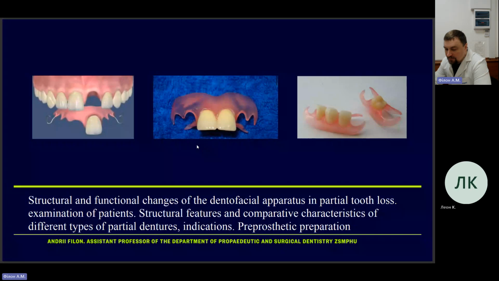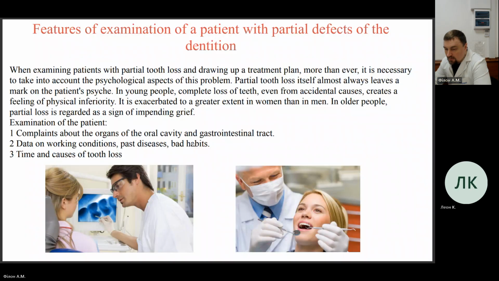So let's go to the beginning. First of all, examination. Before making any crowns or bridges, before preparation of the teeth, before making impressions or scans, you have to examine your patient. You have to be sure about the teeth in that area, about the soft tissues, the gum and gingiva.